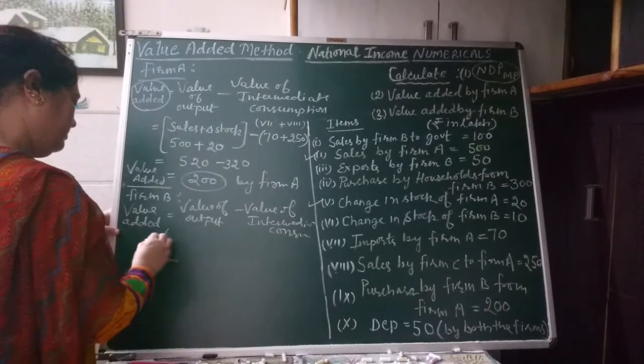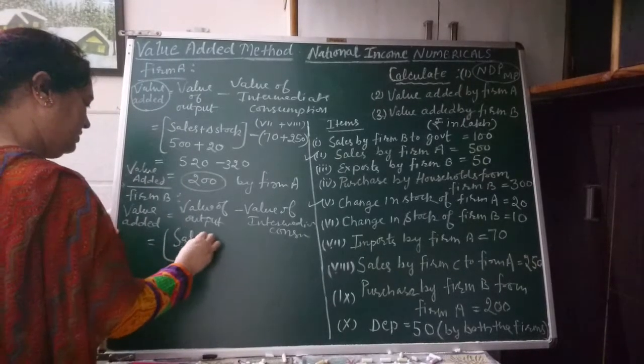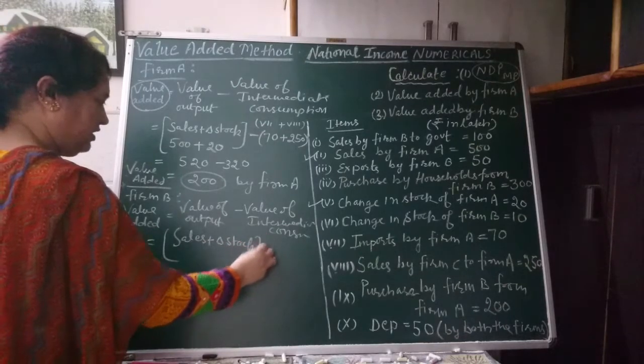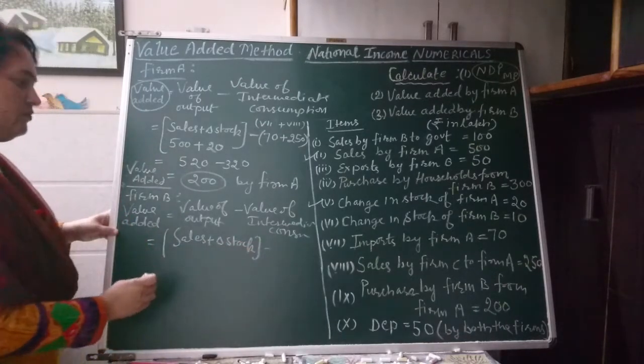Value of output is equal to sales plus change in stock.